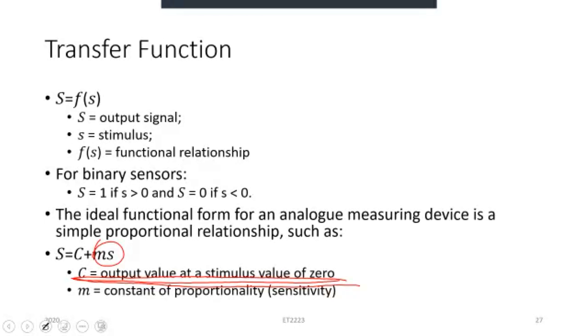So the output signal is not always directly proportional to the stimulus. It would be, but there may also be some additional constants that we may have to take into account, like what is the value there when the stimulus point is 0, for example.